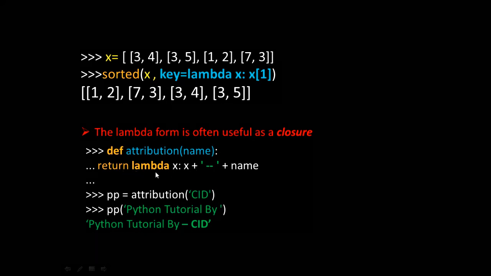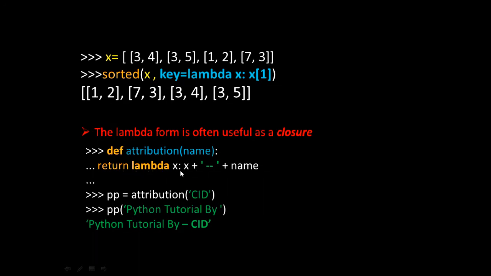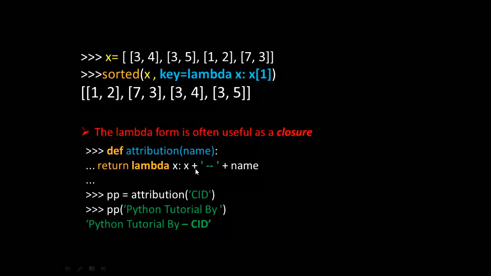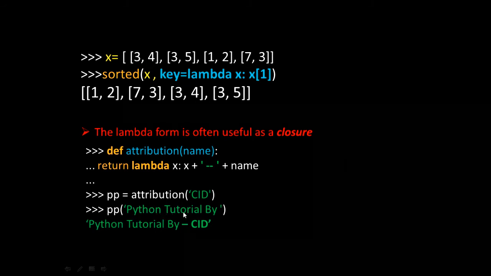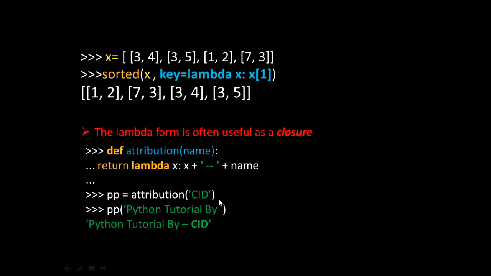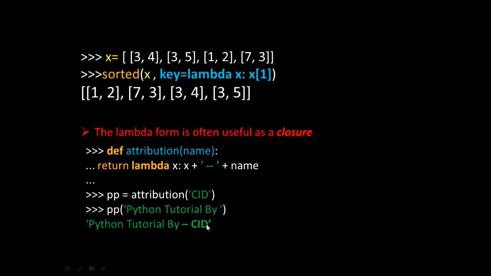So here you can imagine that the lambda is the inner function, returning x plus dash dash plus name, and that is also returned by the attribution method. So when we call pp and pass "Python tutorials by", it will return x, that is "Python tutorials by", then dash dash, and after that CID.